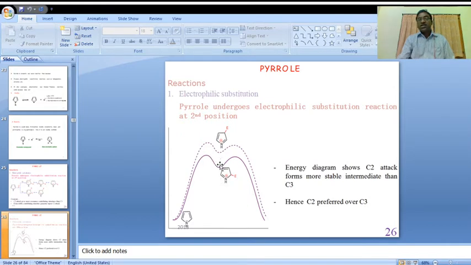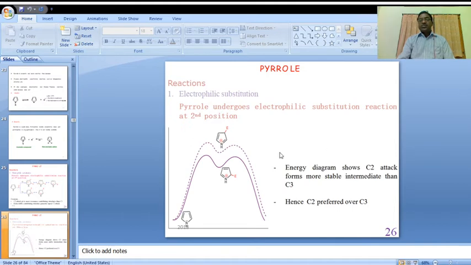It is lower in energy compared with the attack of the electrophile on the C3 position. The C3 position is at a higher energy level compared with C2. This higher energy level we are representing with the dotted line. This is perfect evidence for more yield of C2 product.